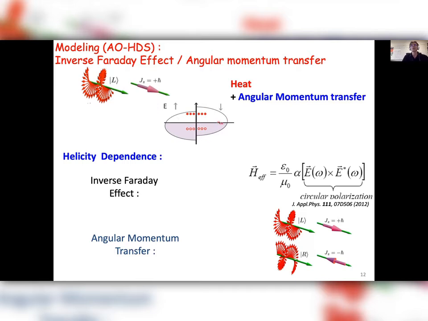But we could understand that if your laser is not only bringing angular momentum, but also heat, we could raise the temperature of the material close to the ordering temperature, and then this inverse Faraday effect of angular momentum transfer would switch the magnetization. So those were basically the two models that were proposed.